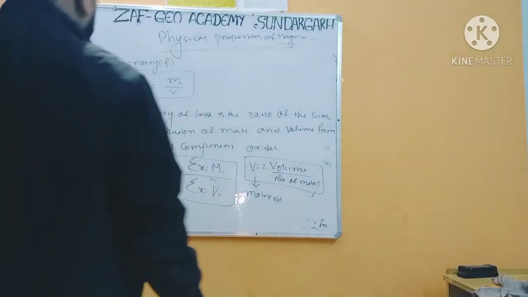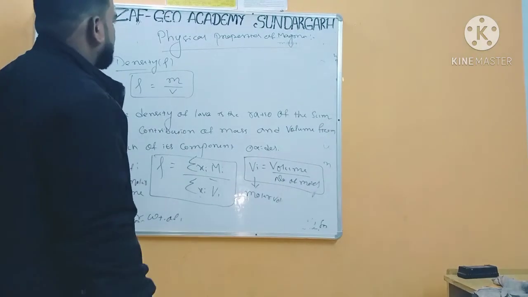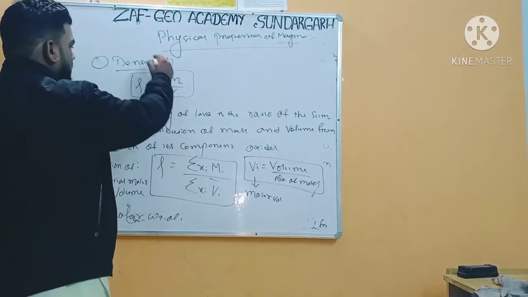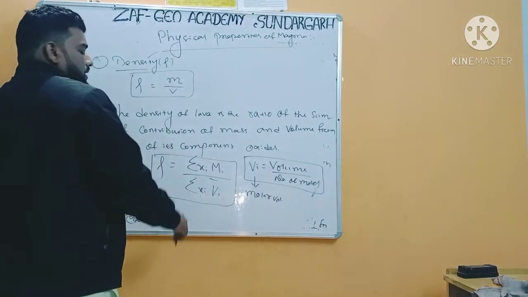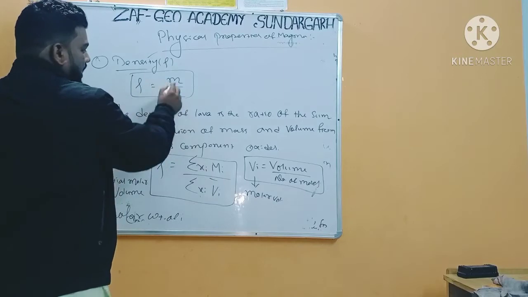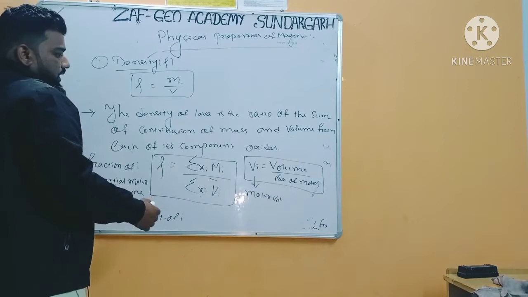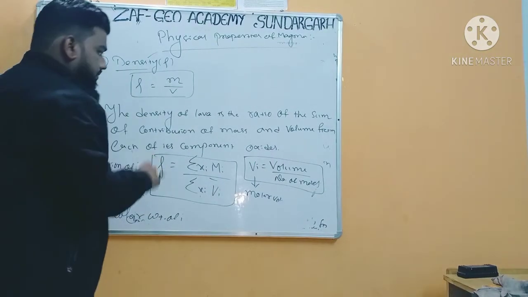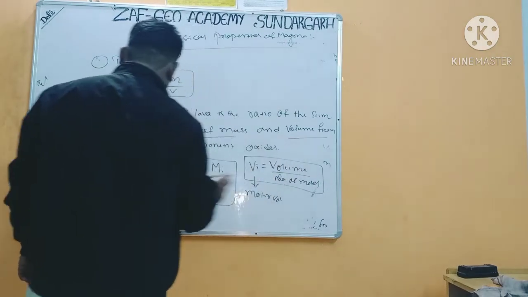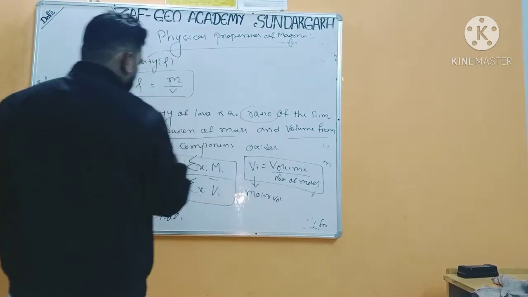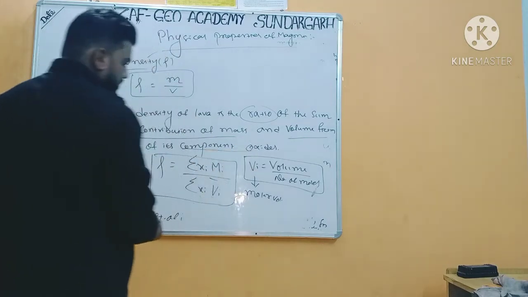Now I am going to talk about the physical properties of magma. First, density. Density is denoted by the symbol rho, the mass per unit volume. The density of lava is the ratio of the sum of the contribution of mass and volume from each of its component oxides.